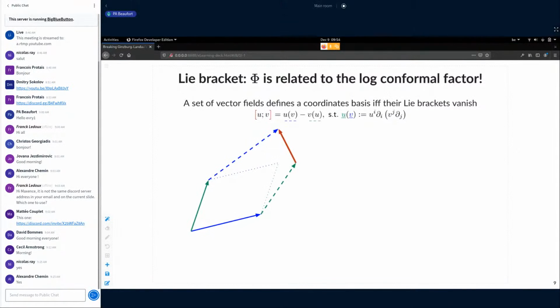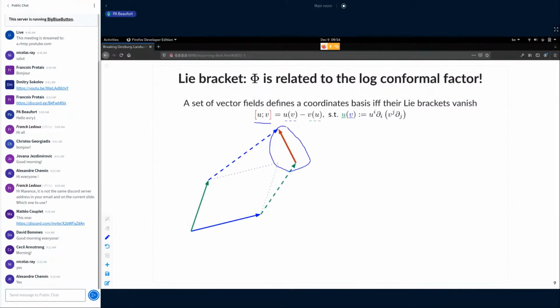So basically the Lie bracket tells you if two vector fields come from a coordinate system. So in other words, if you integrate those two vector fields, are you going to get a parametrization? And it is the case if this quantity is zero, and this quantity is represented here.